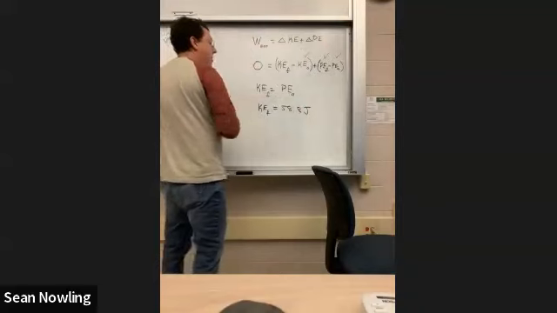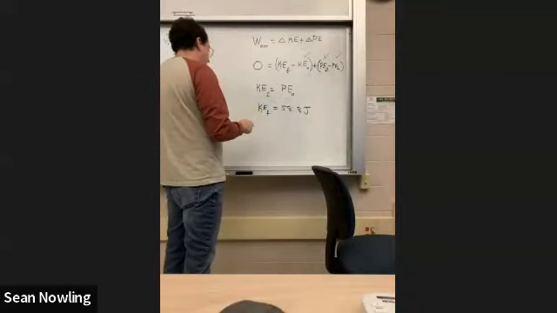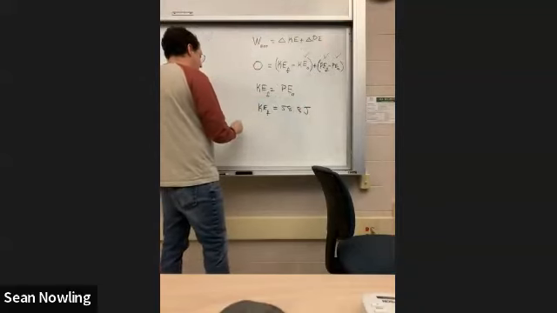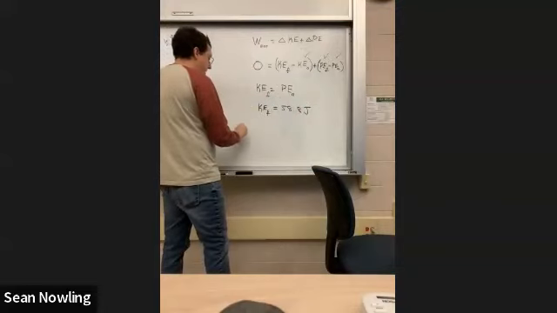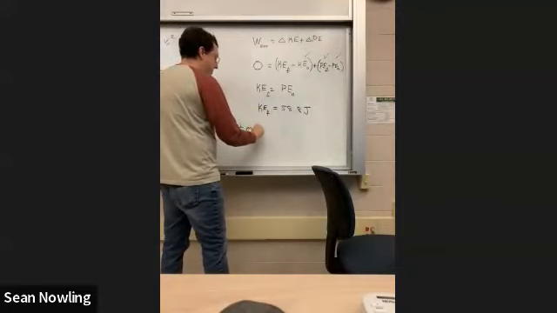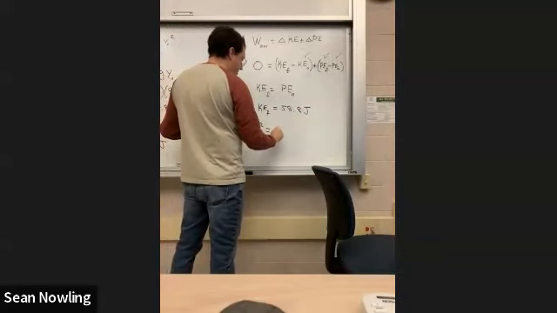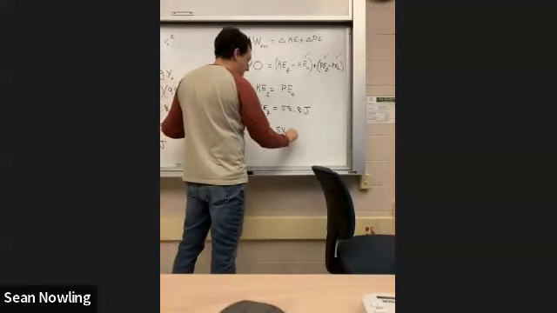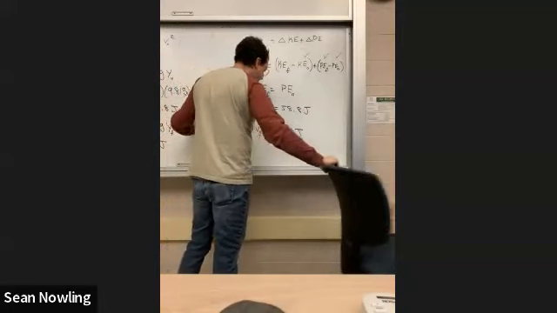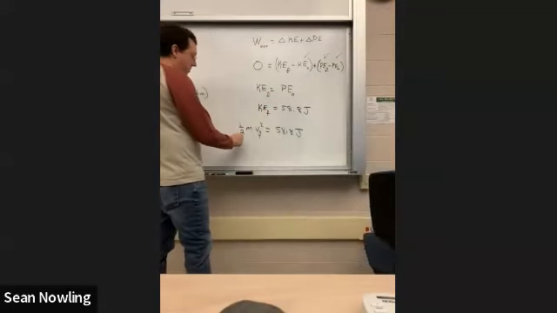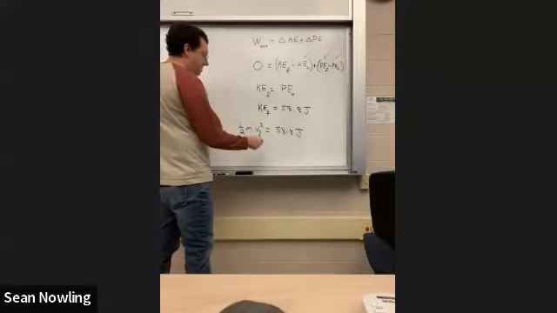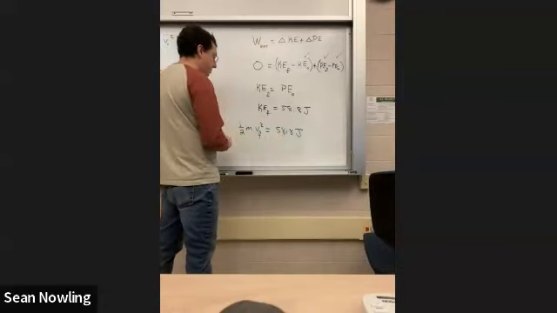Now, once I know this number, I can use it to find the final velocity, because I can now say that 1/2 the mass times the final velocity squared equals 58.8 joules. So I can multiply by 2, divide by the mass, and then take a square root.